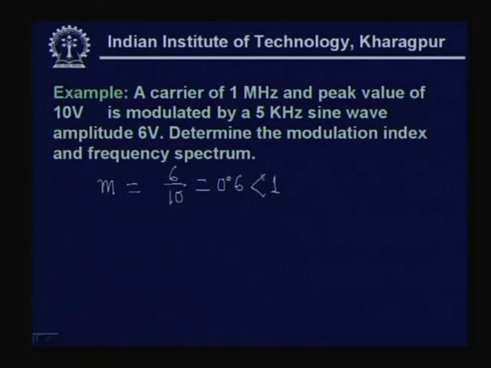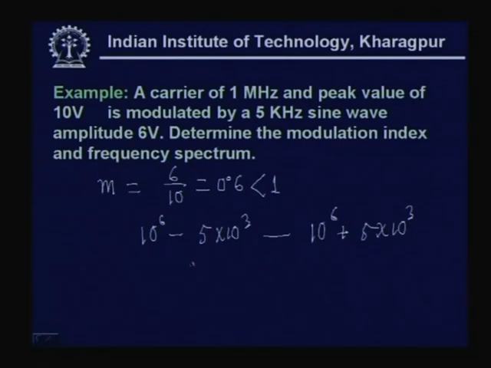So, what will be the range of frequencies? 1 megahertz minus 5 kilohertz, that means 10 to the power 6 minus 5 into 10 to the power 3, to 10 to the power 6 plus 5 into 10 to the power 3.